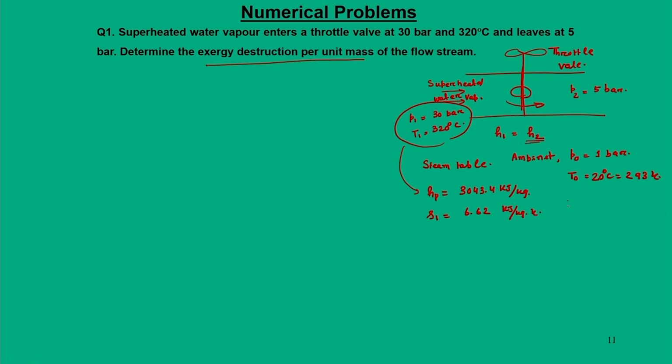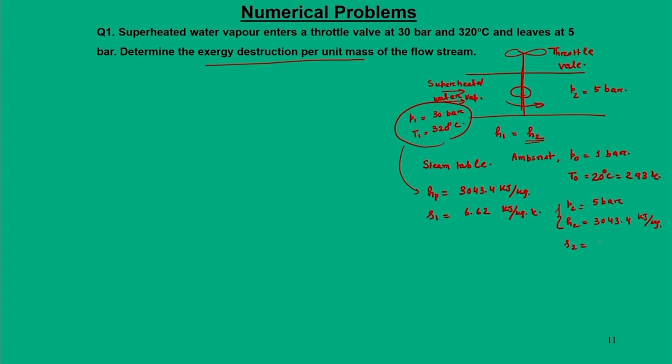So, for P2 is 5 bar and H2 is the same as H1. We can find out from the steam table for these two data the temperature, but in fact temperature is not required, entropy is required.